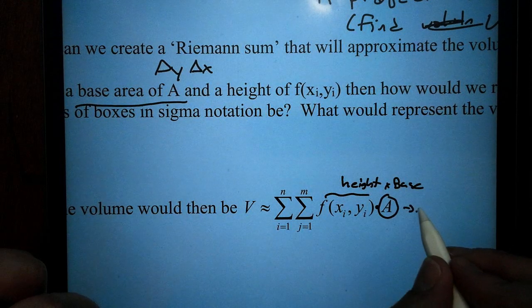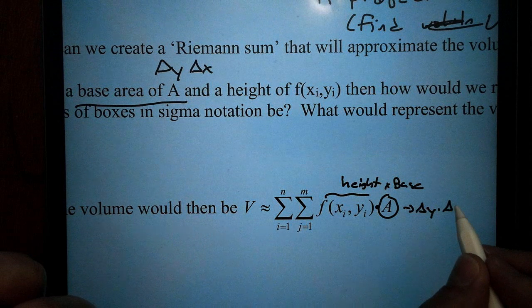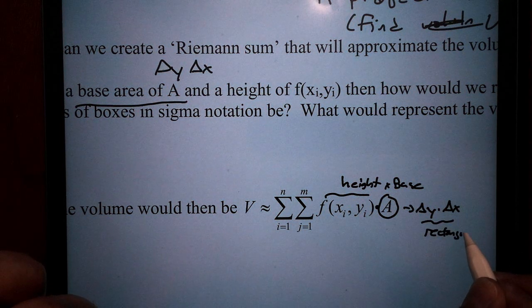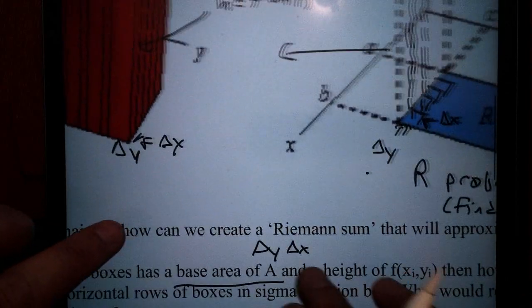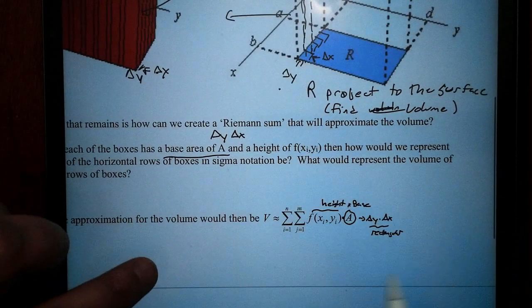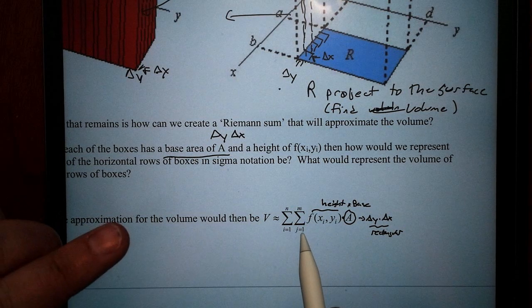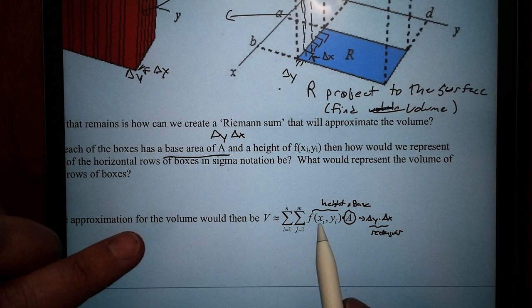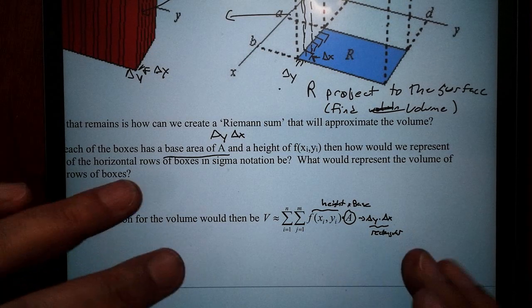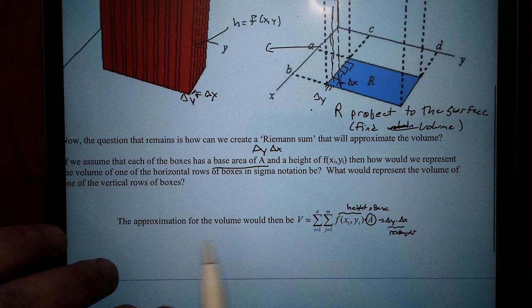A is our change in delta y, delta x, because our base is rectangular down here. And notice we have a double sigma notation, one for dealing with the x's and one for dealing with the y's. And that would give us our approximate.